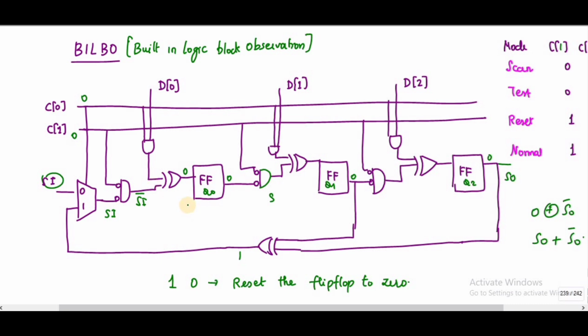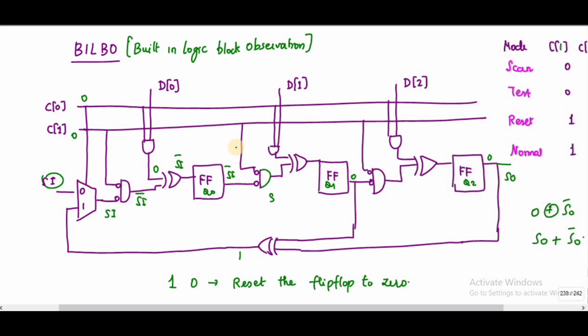And here since this value is 0, I will get here SI bar. Okay, so the SI bar will be stored in the output of this one.